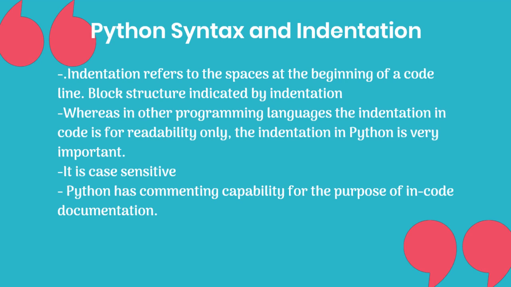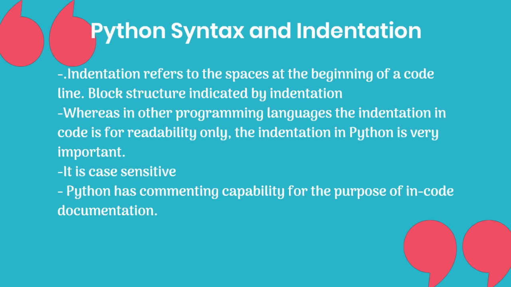Let's talk about some of the basic rules of Python. While writing the syntax, we need to follow certain indentation. Indentation refers to the space at the beginning of a line of code, how much space you need to give. Supposing I'm writing a for loop, in that case the next line should have a space so that it comes within that block.